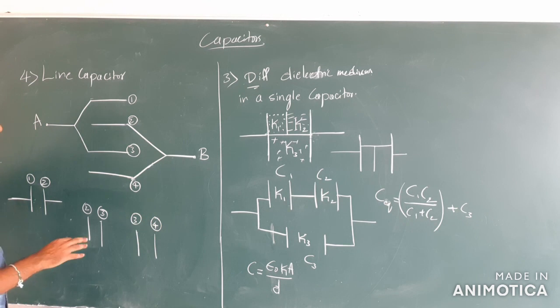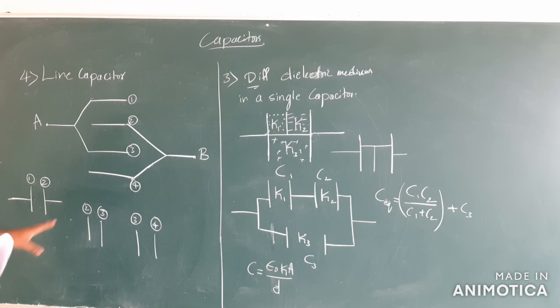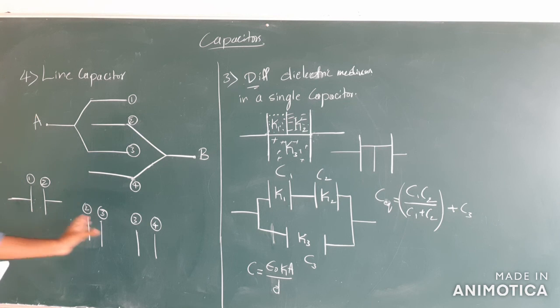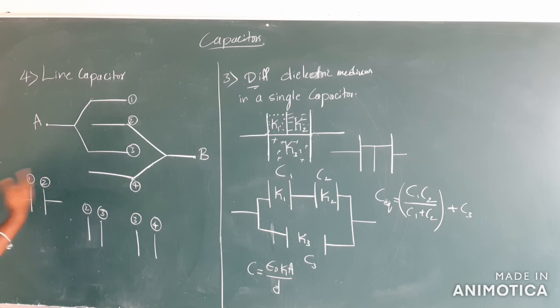Now we have moved a step ahead. The first step is numbering the plates, then deciding the number of capacitors inside the combination and drawing them here. Now the question is what kind of connection these capacitors have with each other. Let us look into that.